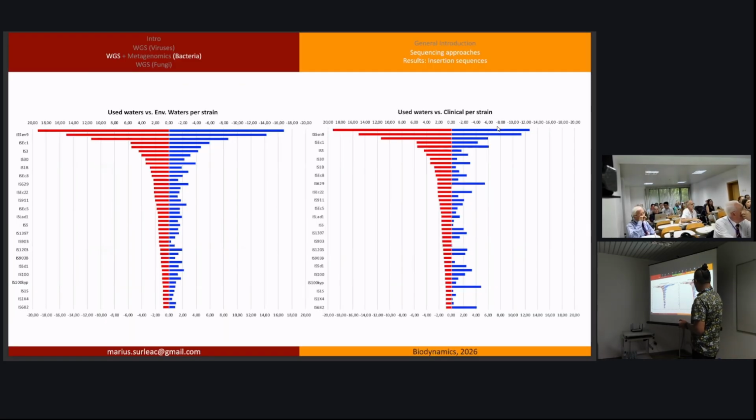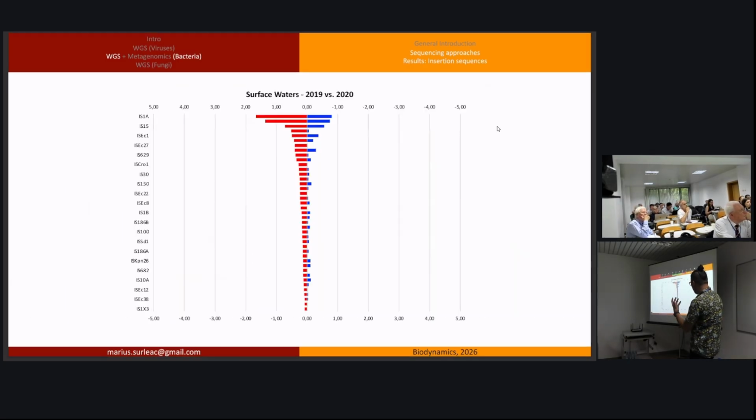We can also compare mobile genetic elements or any other gene between used waters from the wastewater treatment plants and the ones from the environment, or used waters and clinical, to see if some features are spread in the environment from clinical isolates.